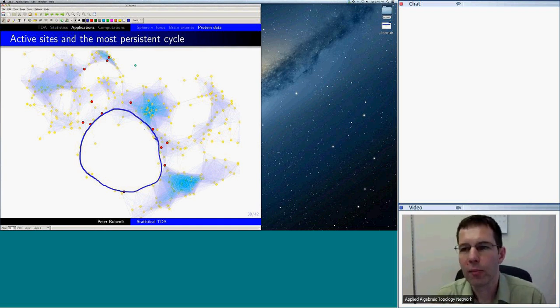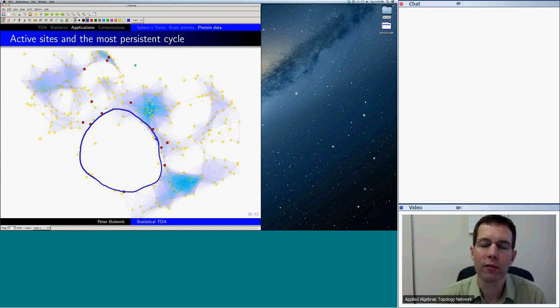What has been determined is that among these residues, there are certain ones that are more important than the others. They call them active sites, and these are most involved in protein binding. And we're aware of this, that the active sites seem to be clustered around the most persistent loop, or representative of the most persistent cycle.